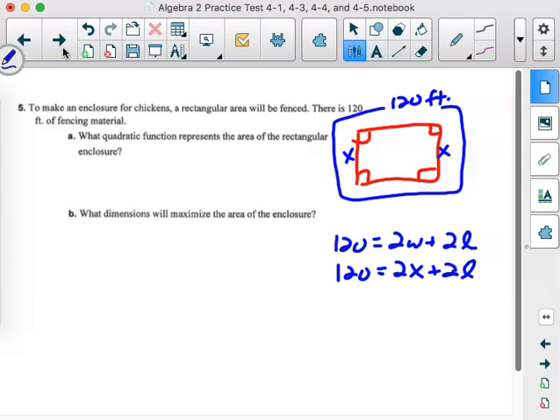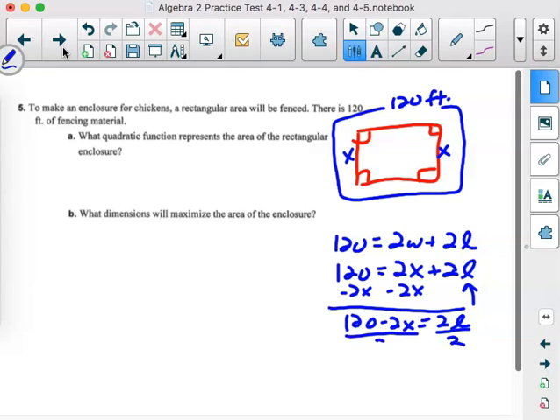And if I don't want two variables, I'm going to have to get this L all by itself so that I can write something down that has x's in it for the length. So I'd subtract 2x from both sides. Then I would divide everything by 2. So L, the length, is going to equal 60 minus x.